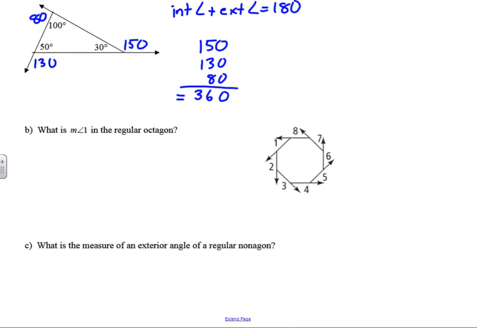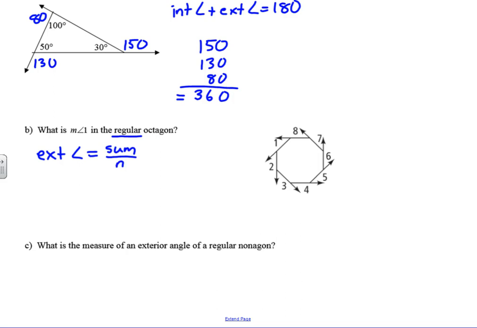Now in B it says measure of angle 1 in a regular octagon. Okay, again, regular means they're all the same. Octagon is 8 sides. Here's the difference. This is an exterior angle. For the exterior angle, it still is the sum divided by n.